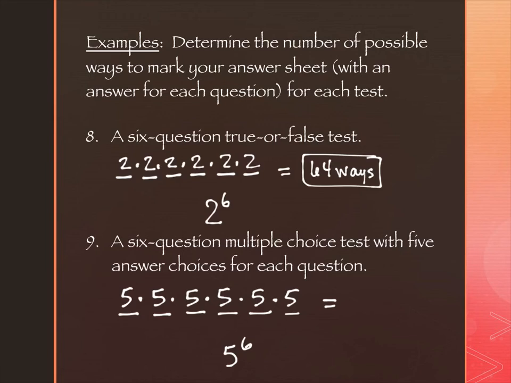How much bigger? 15,625. So the answer is actually a lot bigger, right? So you may find yourself liking multiple choice tests from the standpoint of being able to select the right answer. It's not as hit or miss, maybe. But if you absolutely have no idea what's going on going into it, this is not your friend.